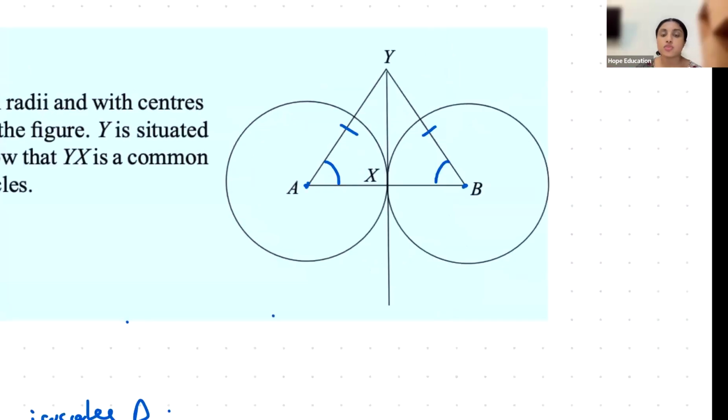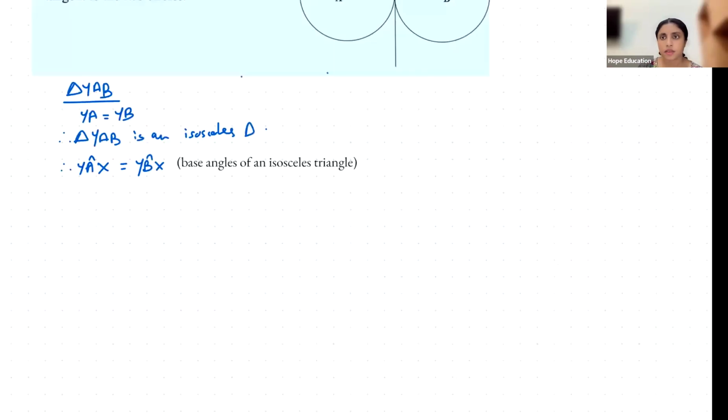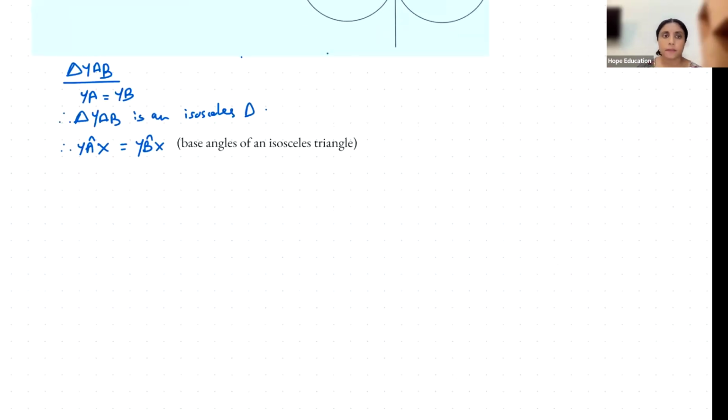Did you make these two triangles congruent? The method, as I see it, is the only method you have. We have to make triangles YAX and YBX congruent.